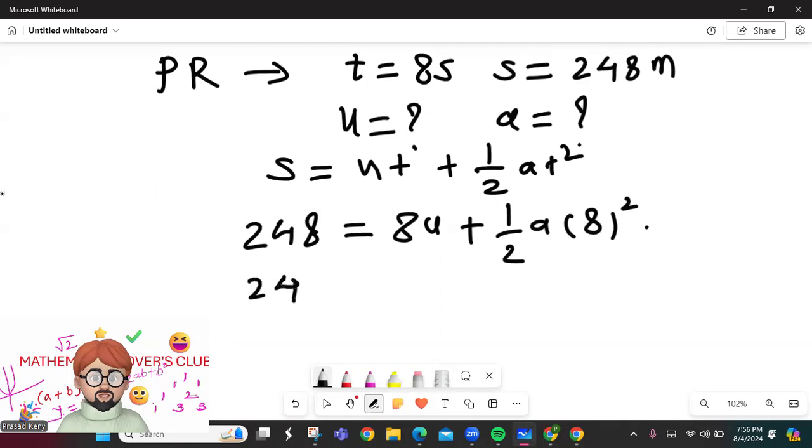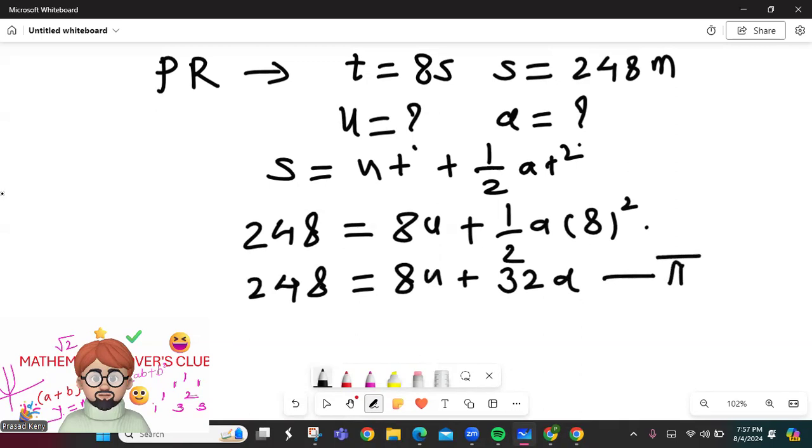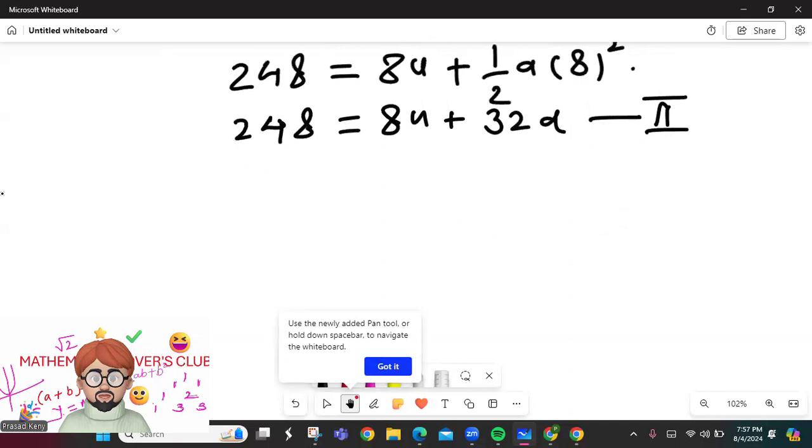So 248 is equal to 8u plus 32a. 8 square is 64 divided by 2. That is 32a. So I am getting the second equation. Now consider these two equations. You have two variables and two equations. So just solve them simultaneously.